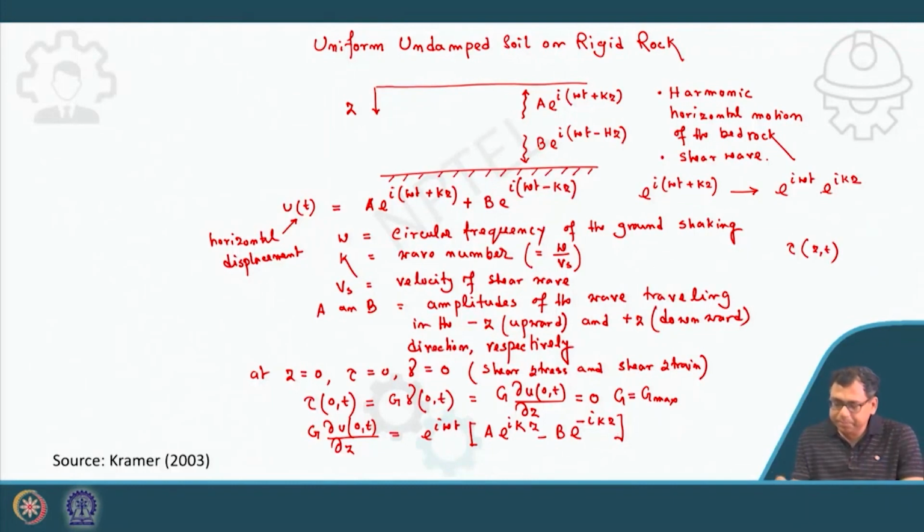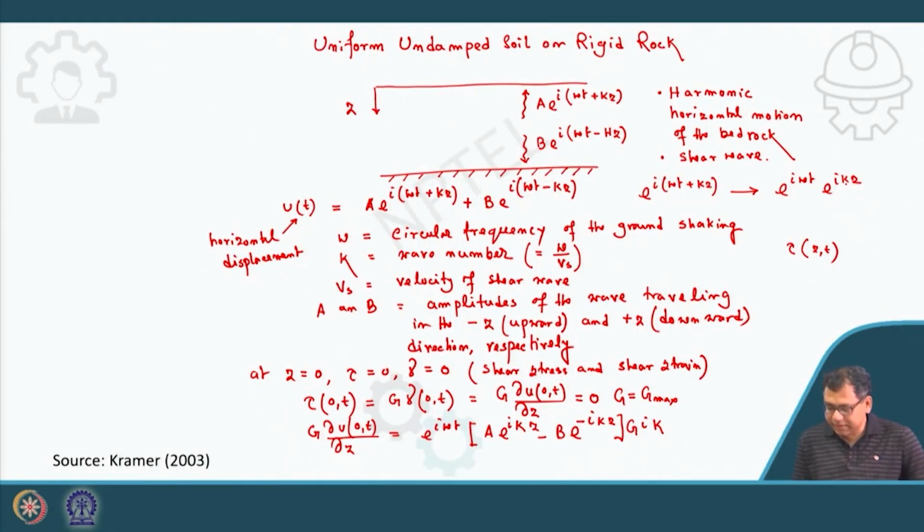Then there is an i k, so this i k will also be here, and there is a G term also, so it will be G i k. That i k is coming from here: if I differentiate e to the power i k z, then i k will come.